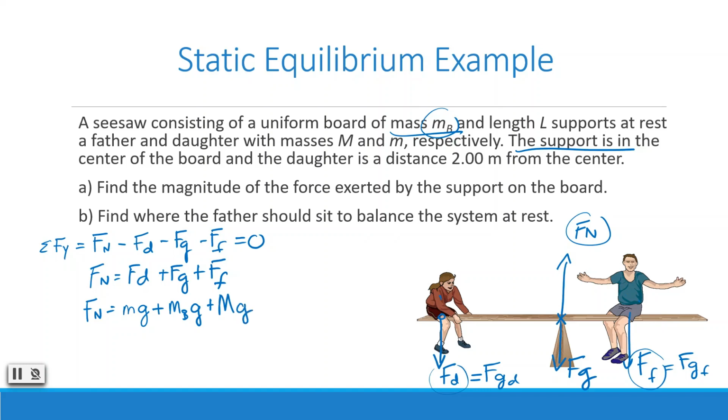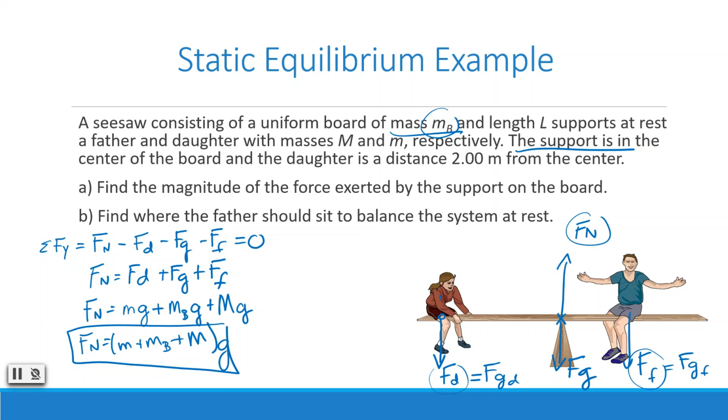Now, I don't have any values for this, so I can just summarize this as little m plus mass of the board plus big M, all times g. So that is going to be my normal force. I don't have more numbers than that in this case.